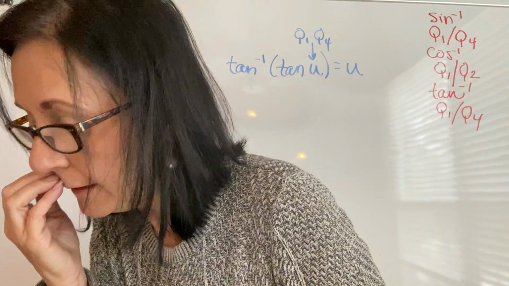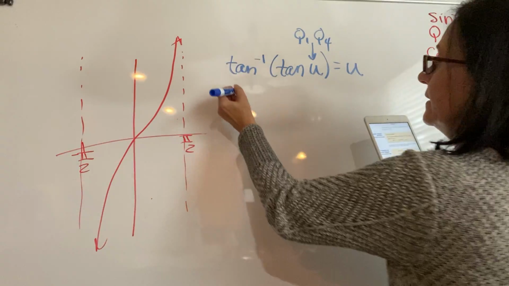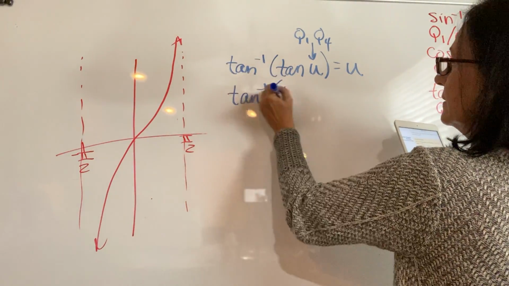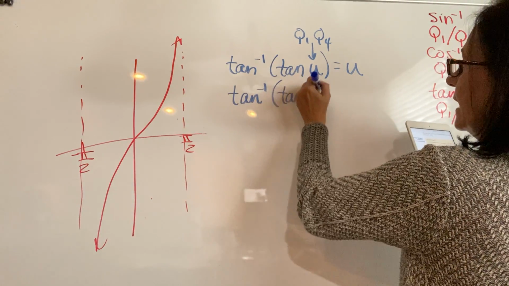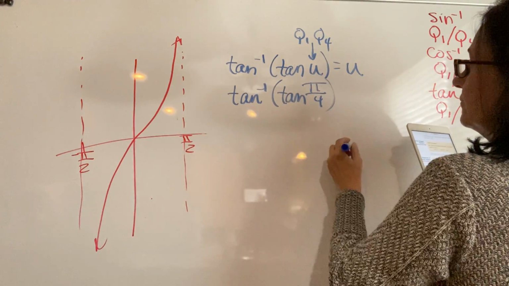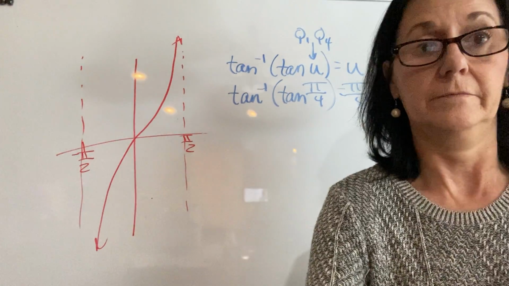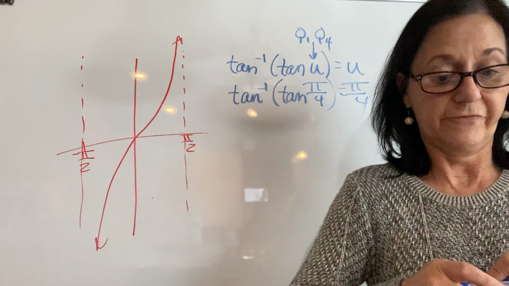So if I did tan inverse tan and I said these radians were pi over 4, it would equal pi over 4 because that is in the first quadrant.